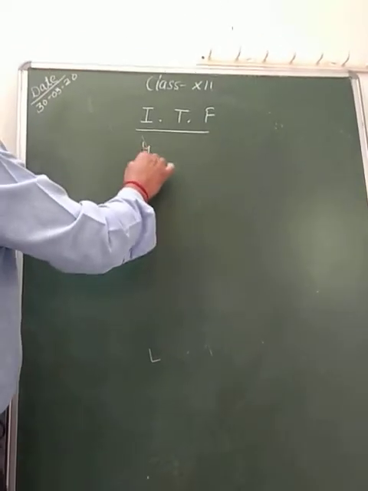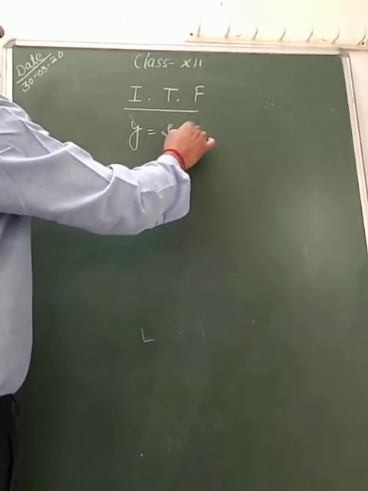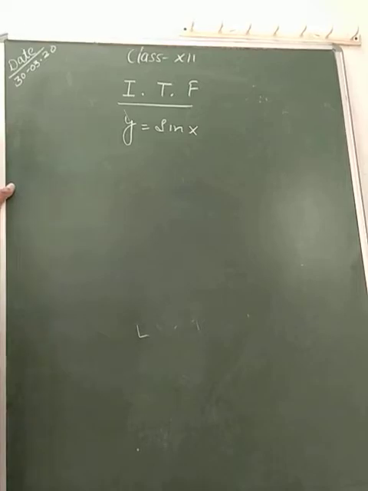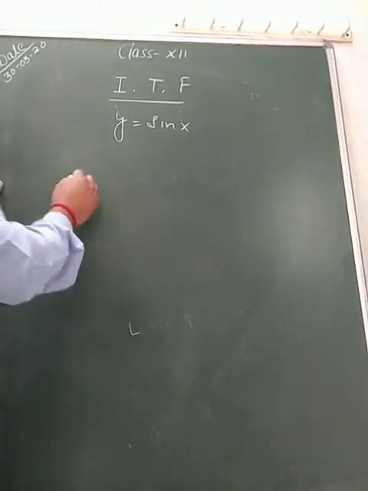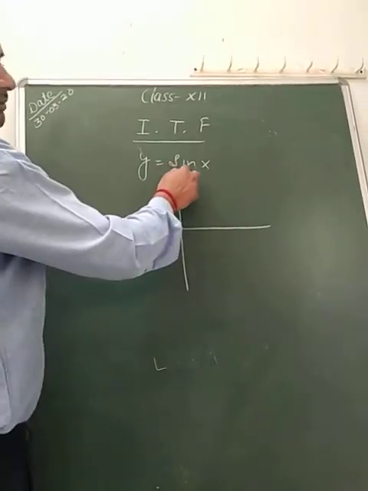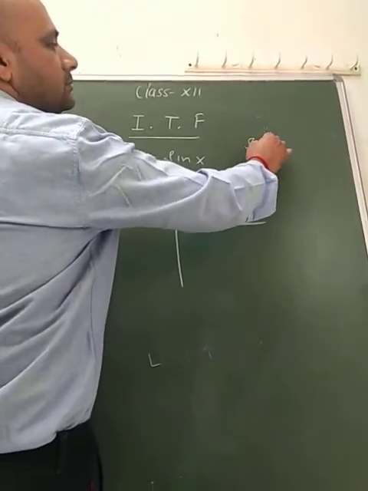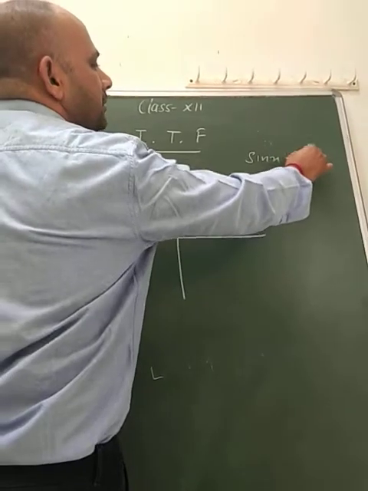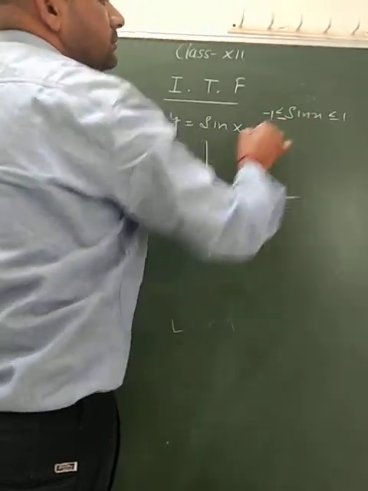First of all, y is equal to sin x. We will make its graph. You know the maximum value of sin x is 1 and the minimum is minus 1.